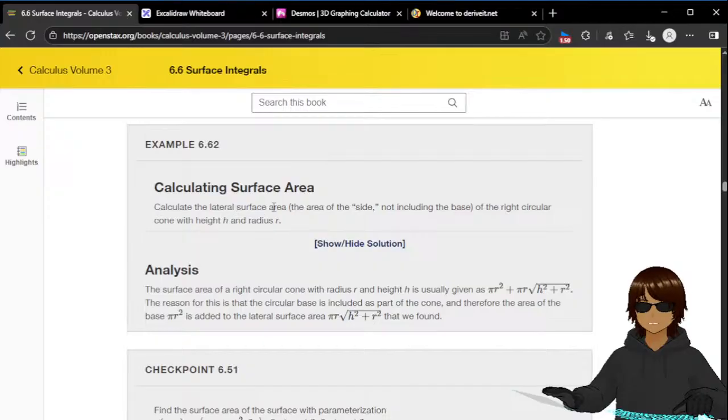Calculate the lateral surface area of the right circular cone with height h and radius r.